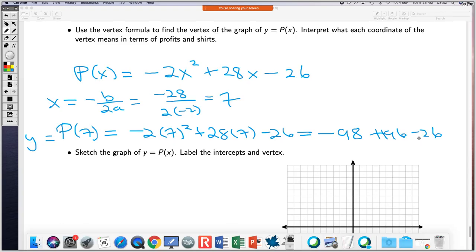So that gets us down to what? A 170 minus 98. 170 minus 100 would get us down to 70, but that was too much, so that's a 72. All right, so now we're good. There we go.